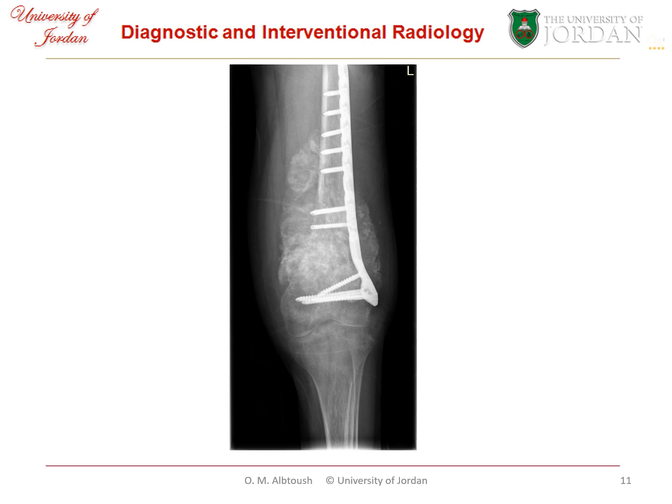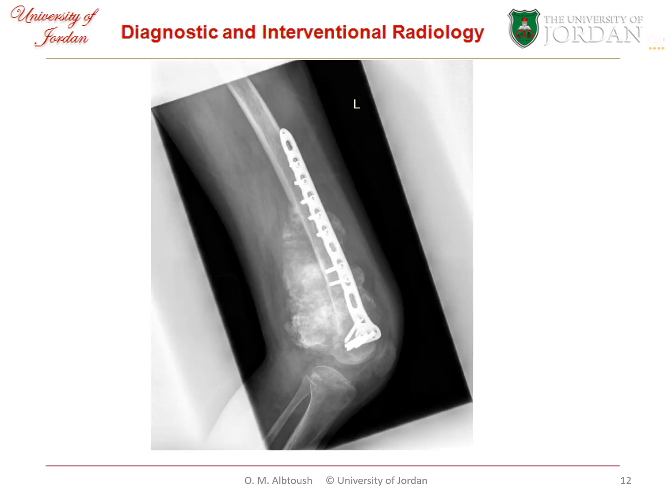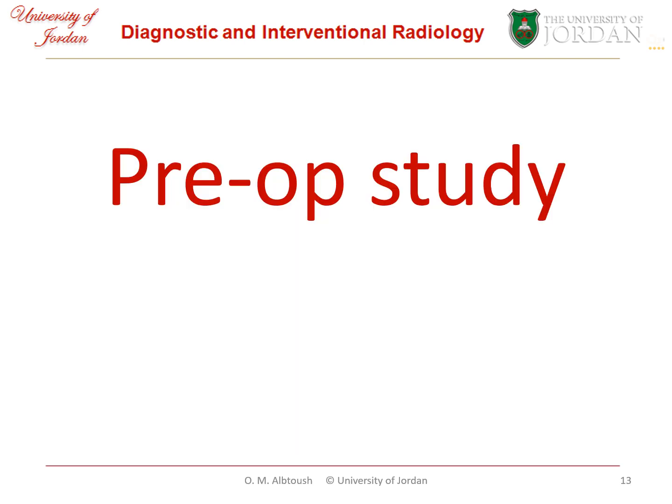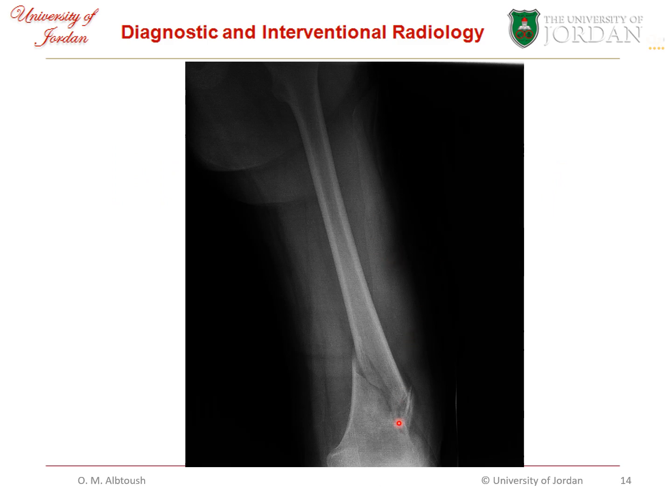So we need to carefully have a look at the pre-operative scans to see if there was a mass at the fracture. So we will return back to the pre-operative study. As you can see here, these are the sharp edges of the fracture, but we also have subtle sclerosis at the site of the fracture.